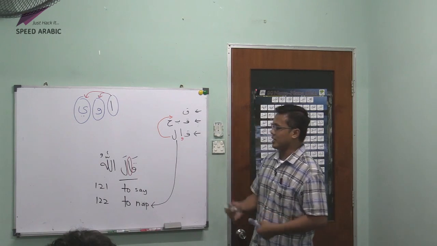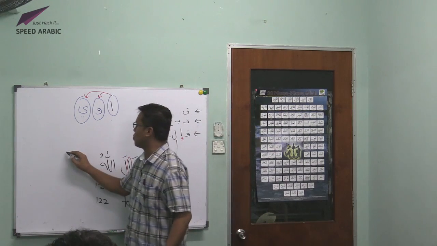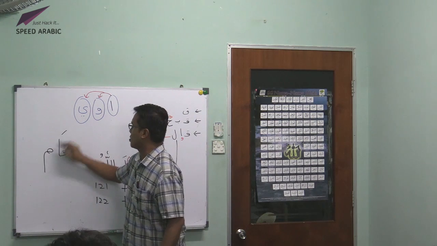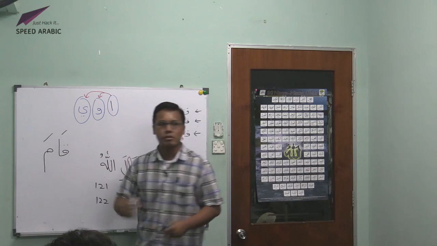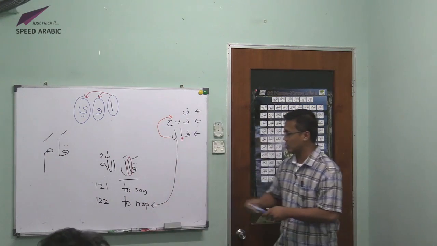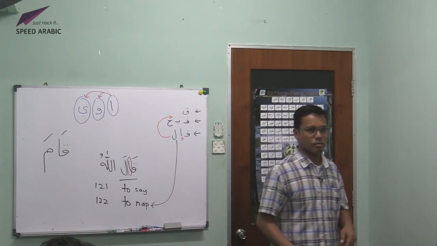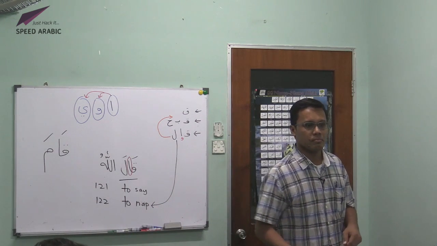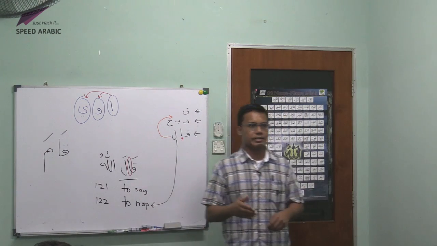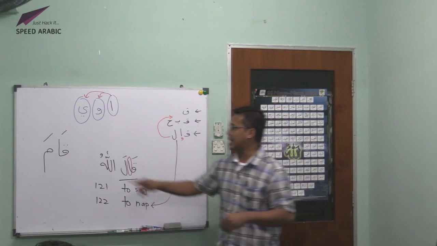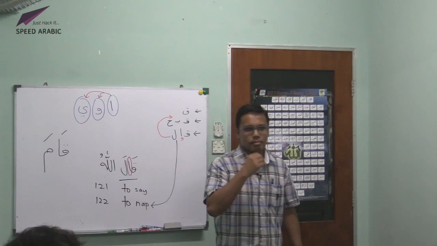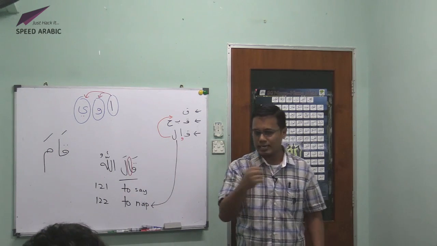Okay, so if I give another word, qama, try to find it in the dictionary. Stand. So you got it in the dictionary, right? So now how do you know that alif is a waw or ya?